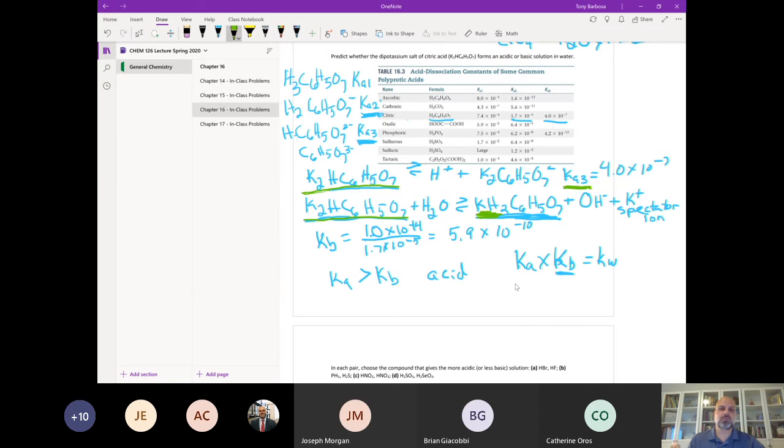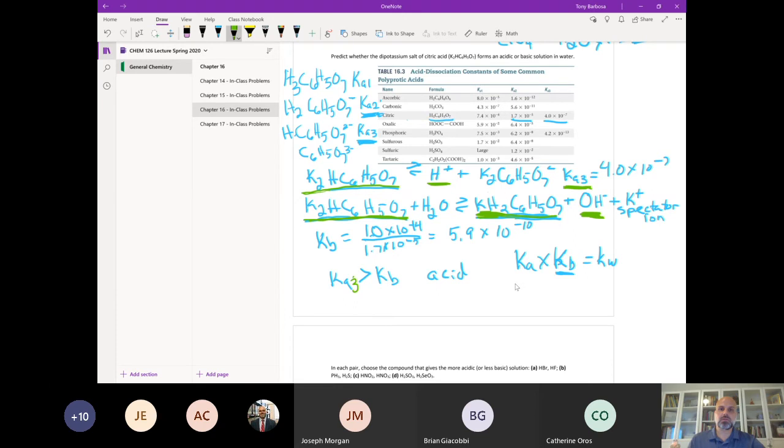When it acts as an acid, this is Ka3. So we're going to be comparing this Ka3 to when it acts as a base in the second equation. We say it's acting as a base because it produces hydroxide ions in solution, whereas in the first example, it's acting as an acid because it produces protons.